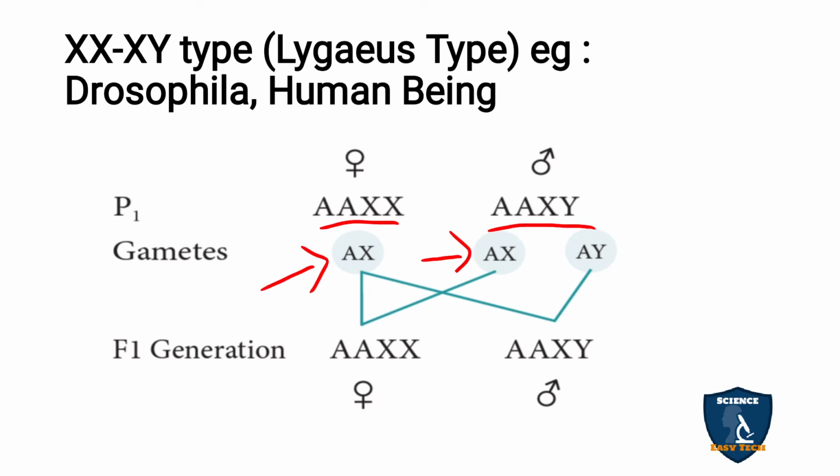In gamete segregation, the homogametic female gives AX, and the male parent gives AX and AY, because it is heterogametic, so two different gametes are formed. In the F1 generation, AAXX is female and AAXY is male. So the sex of an individual is determined by the Y chromosome.